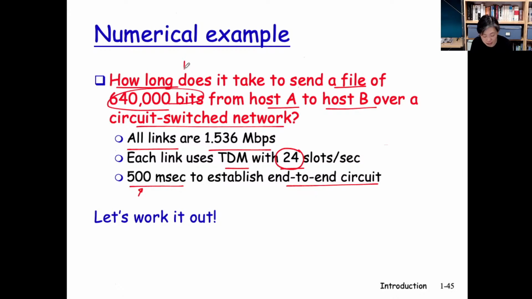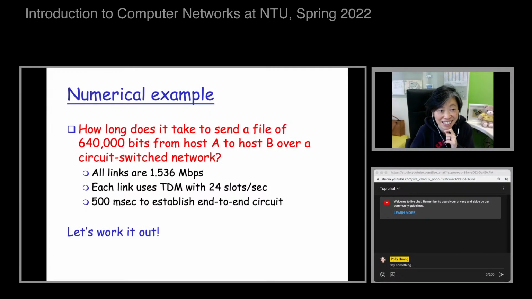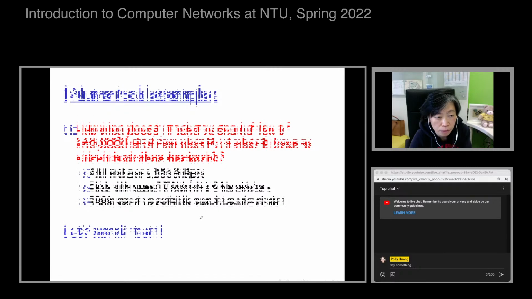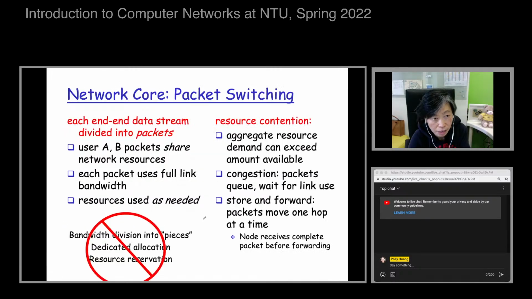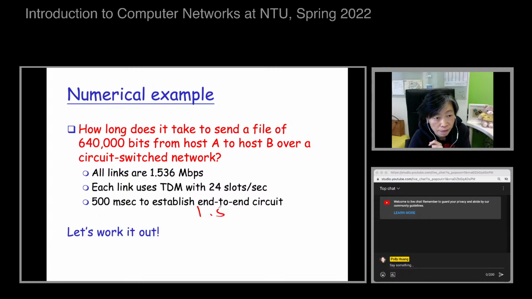Let's work on it. All right, so let's do it live now. Let's see. The bandwidth is 1.536 megabits per second. And A gets only 1 of 24 of the bandwidth, 1/24 of the bandwidth.